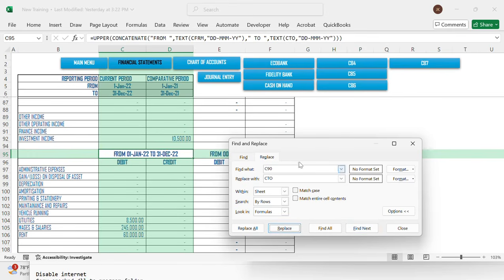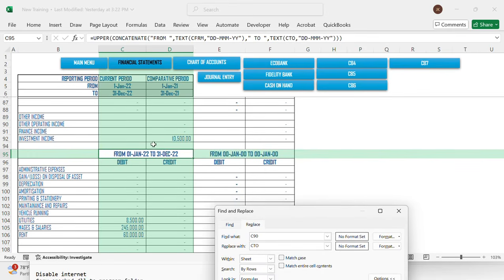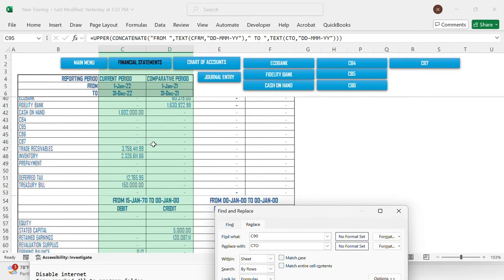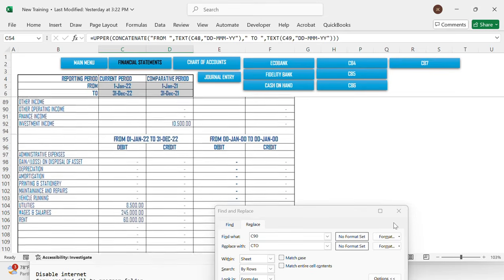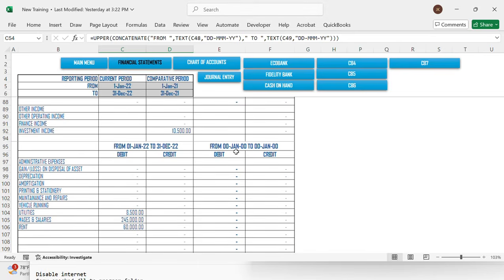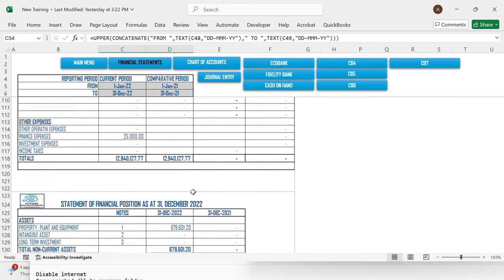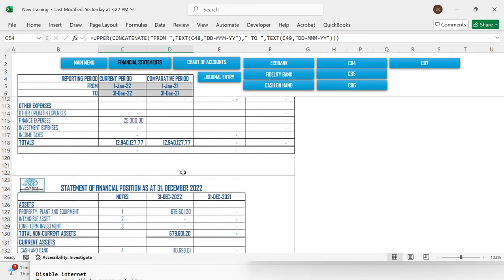Okay, so here I believe everything is correct. So we need to correct these dates. I don't think it has any bearing, but let us keep it and check the results first.